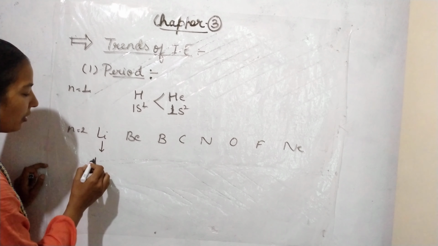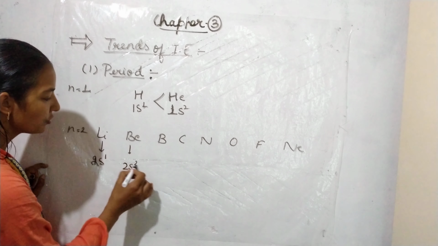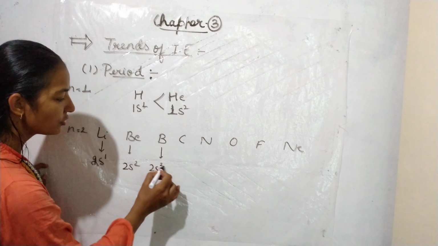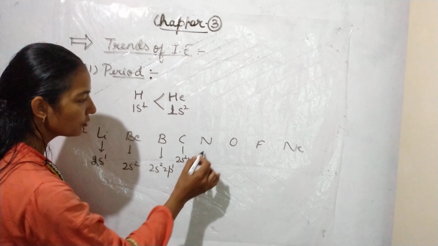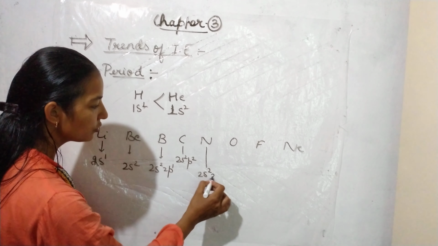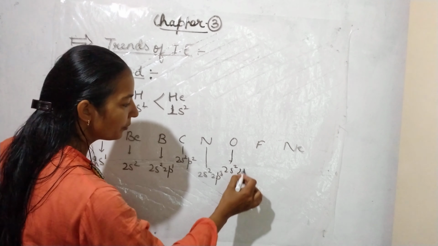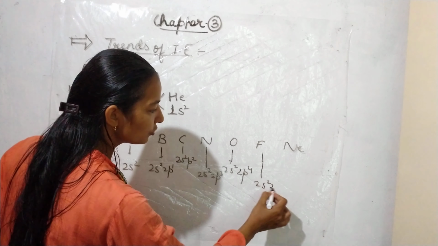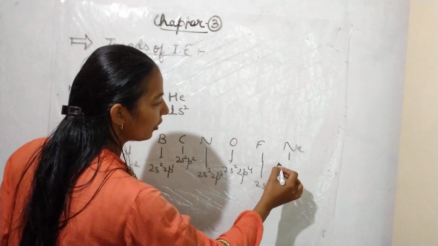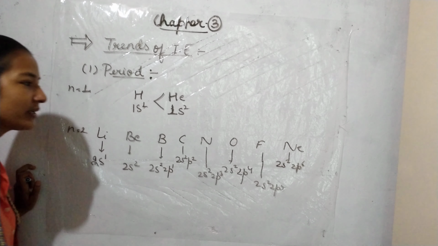Lithium 1s2 2s1, then beryllium 2s2, boron 2s2 2p1, carbon 2s2 2p2, nitrogen 2s2 2p3, oxygen 2s2 2p4, fluorine 2s2 2p5 and neon 2s2 2p6.